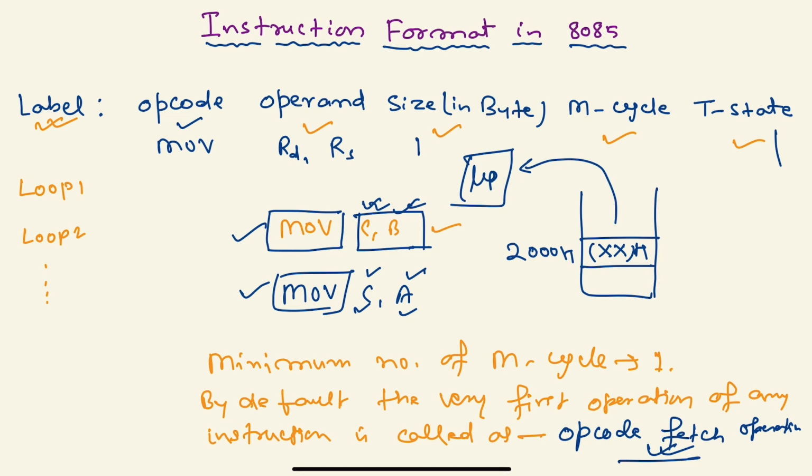That is the reason it is treated as one machine cycle, and that machine cycle is referred to as opcode fetch. Normally, for an opcode fetch operation the minimum requirement is 4 T states, and most instructions take only 4 T states for their opcode fetch operation.